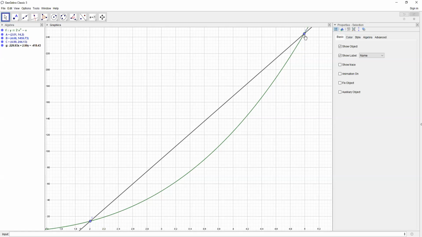And then for x equals 5, we're out here, and there are 2 different points for B and C. Point B is off the picture, doesn't matter. Point C is the one over there, 4.99, real close to 5, and 244.13. The actual y value is 245, as we'll see in a moment.